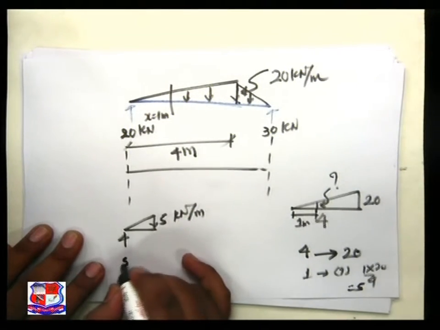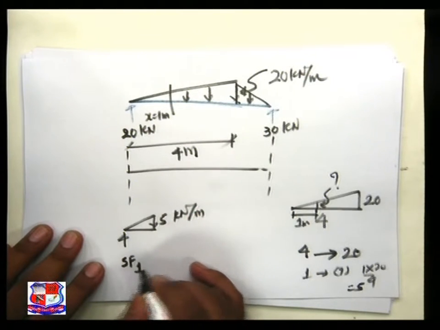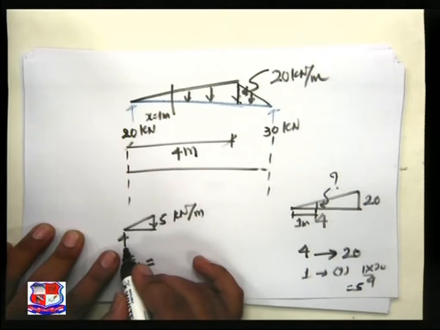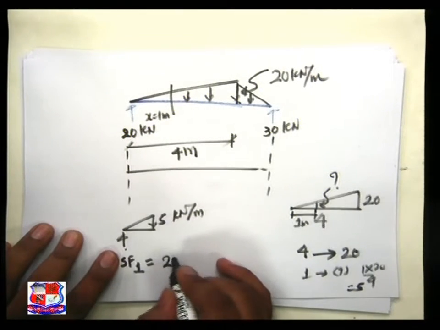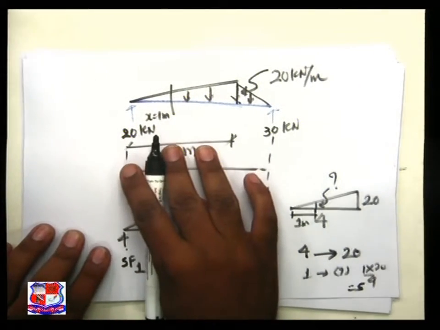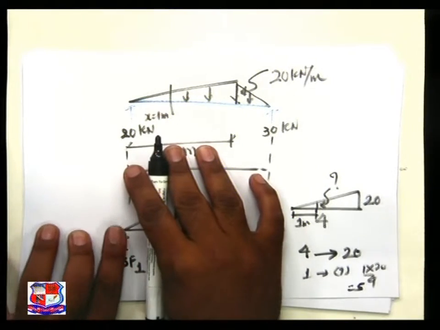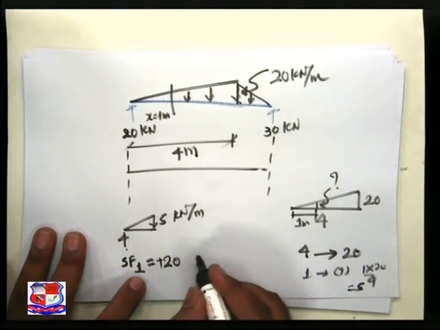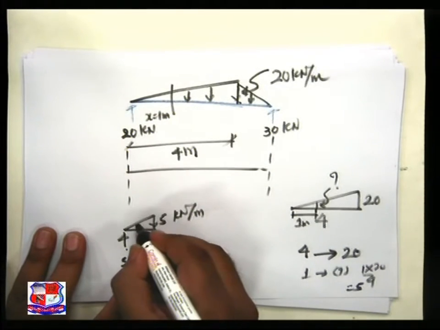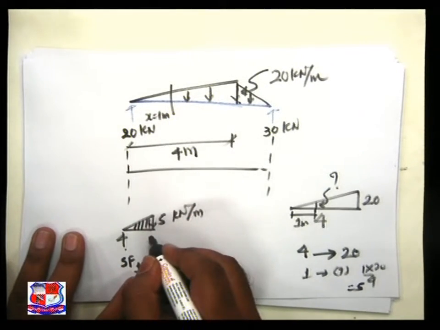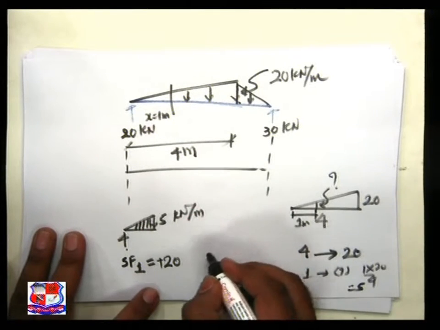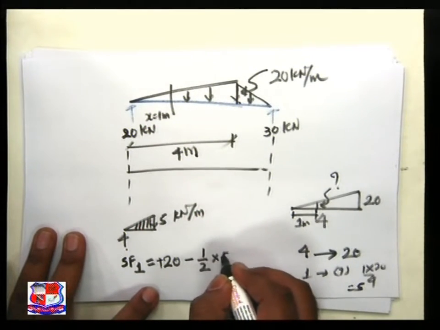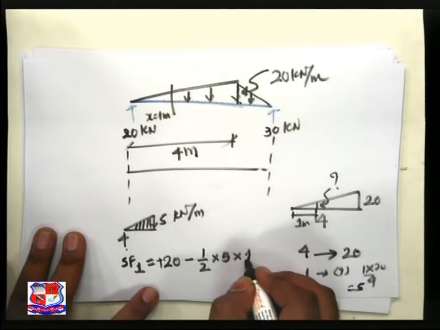So shear force at 1 meter is equal to, the reaction is known to me, first is 20, section left upward positive sign. Now next, another is this triangle load, that is nothing but the area of the triangle, so minus half into 5 into 1.